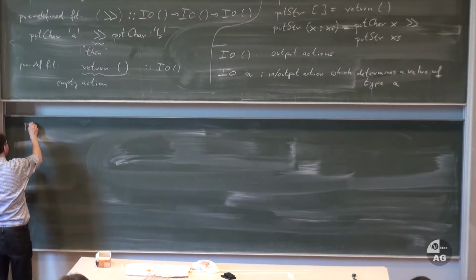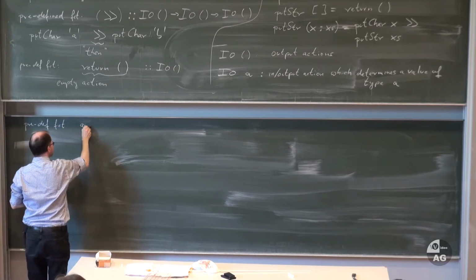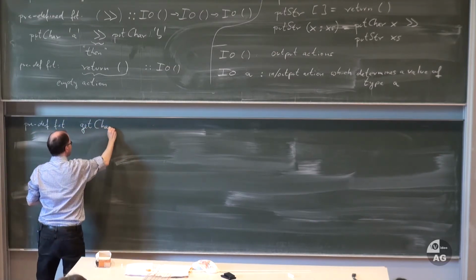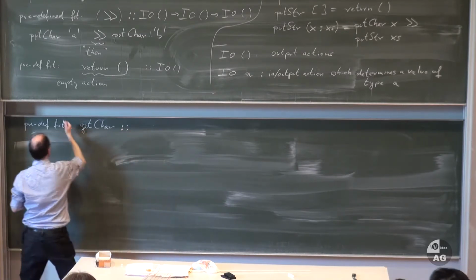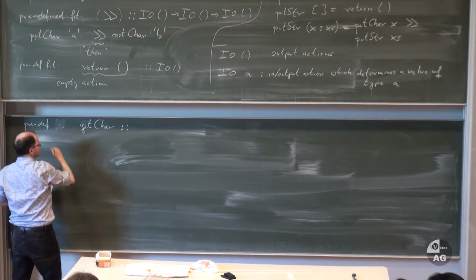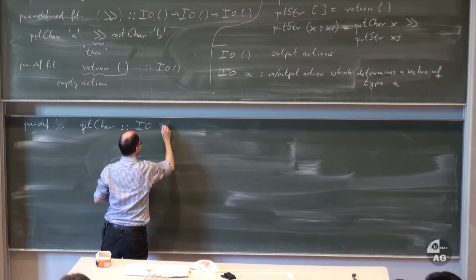So there's a predefined function called getCharacter, and the type of this thing is IO character.